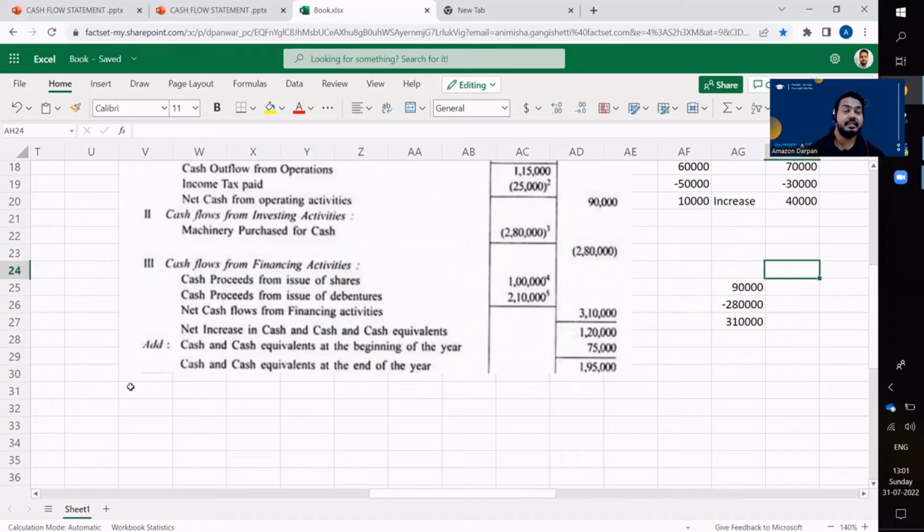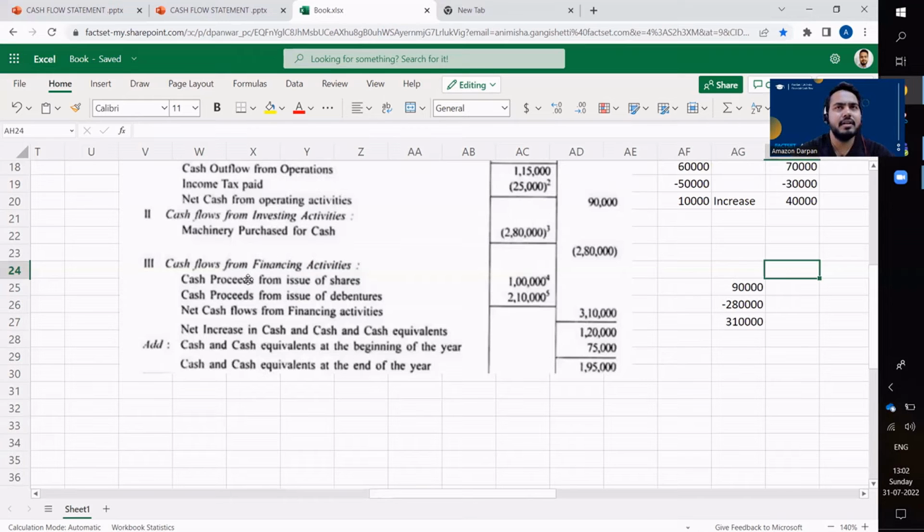But when the company is receiving money in terms of finance, be it in the form of loans or issue of shares, like for people who do not have an idea about this, whenever we issue shares the company receives money, and whenever they issue debentures it is also a type of loan. It means I went to the bank, I asked for a loan, and the bank has paid me some money, which means there is an inflow of money in my business. Now we'll look at different items in financing activities.